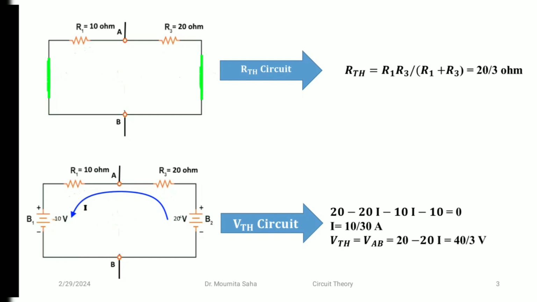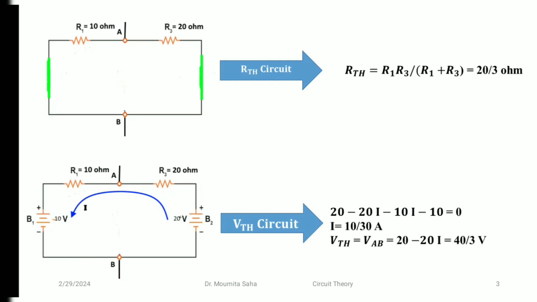So 20 minus 20 into I, that is R3 into I. Again, voltage drop across the R1 resistor, that is R1 into I, that is 10 into I. And here we can see that the current flows from the positive or peak point of the mountain towards the sea level, plus to minus, therefore here also it is minus 10. So from here we can calculate the current I, that is 10 by 30 or 1 by 3 ampere.